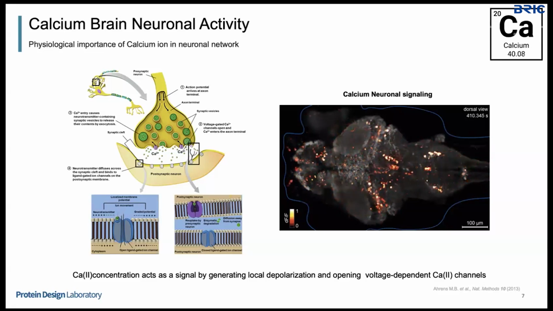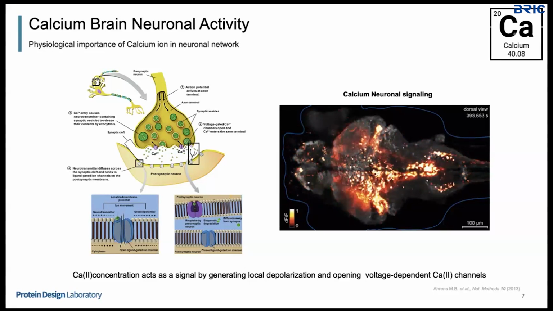Yet, if there is any dissociation of calcium in the brain, that can lead to diseases like Alzheimer's, Parkinson's, and many others. Developing a new tool or device that can detect calcium activity within the brain is quite important. I wanted to take that as a start for designing a calcium indicator for brain activity.